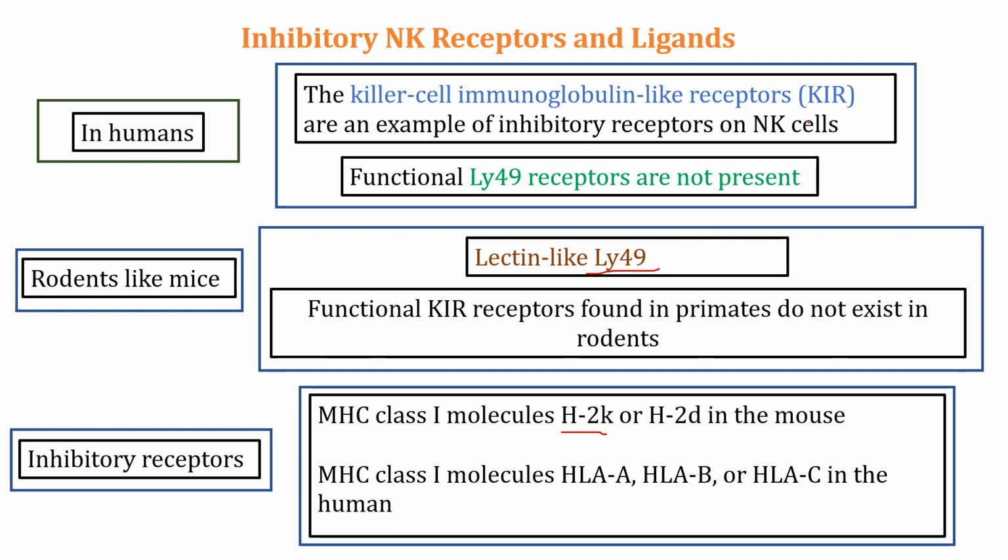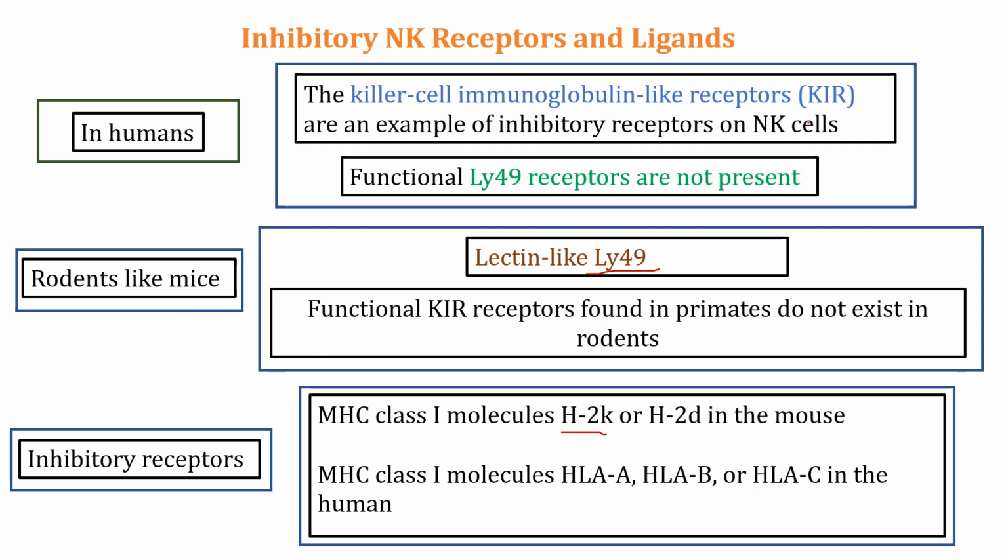H2K and H2D refer to different alleles of major histocompatibility complex class 1 molecules in mice. The H2 gene is a complex gene that encodes the MHC1 molecules, and H2K and H2D represent different genetic variants of MHC class 1 genes. These alleles are associated with variation in the amino acid sequence of the MHC class 1 molecules they encode.